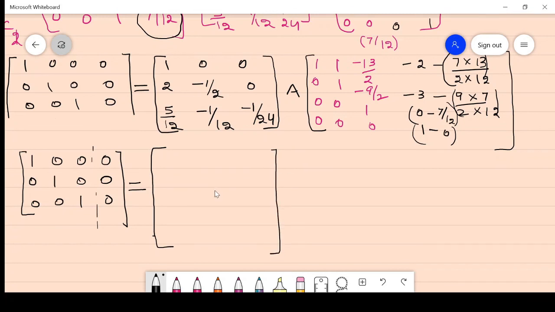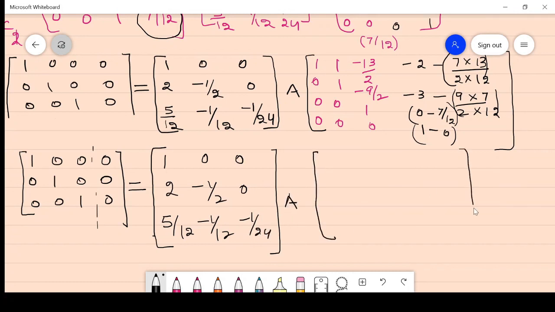So what is the P matrix? First is 1 0 0, and second is minus 2, this is 2 minus 1 by 2 0, and again 5 by 12, minus 1 by 12, minus 1 by 24, and this matrix A, and again write this matrix.